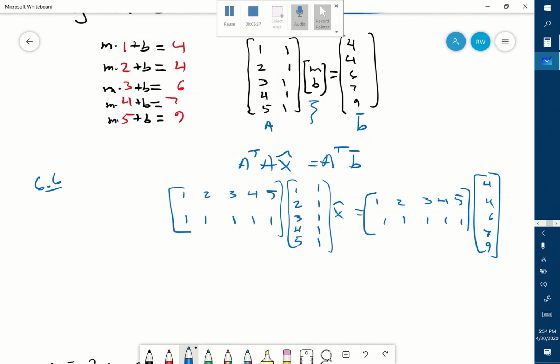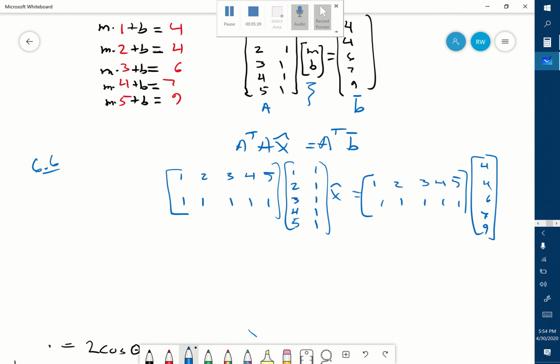I took the liberty of multiplying this out, and what I got on this side was 55, 15, 15, 5. No surprise, because this is a 2 by 5, this is a 5 by 2, so we get a 2 by 2.